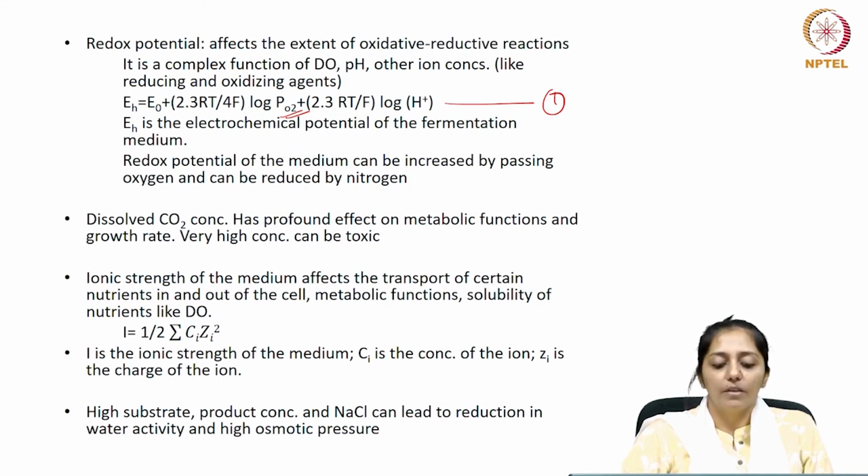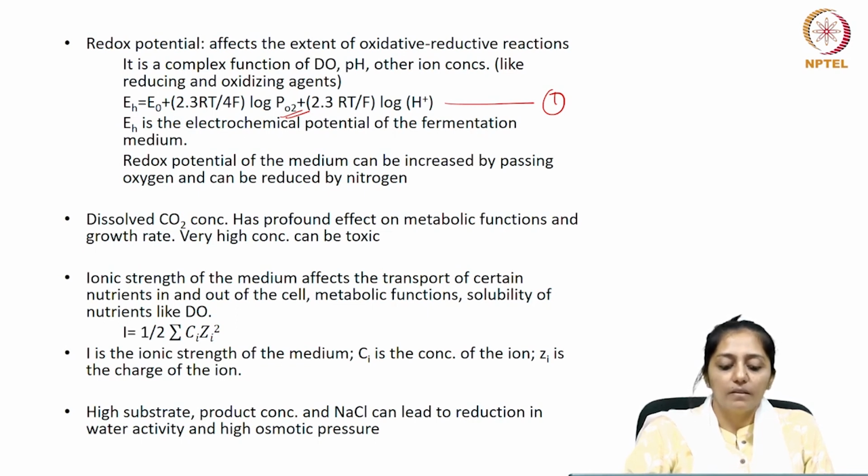Dissolved carbon dioxide concentration also has a profound effect on metabolic functions and growth rate, especially in the case of plant cells or animal cells. And very high concentrations can also be toxic. Then the ionic strength of the medium. This can affect the transport of certain nutrients in and out of the cell, its metabolic functions, and the solubility of nutrients like that of dissolved oxygen.